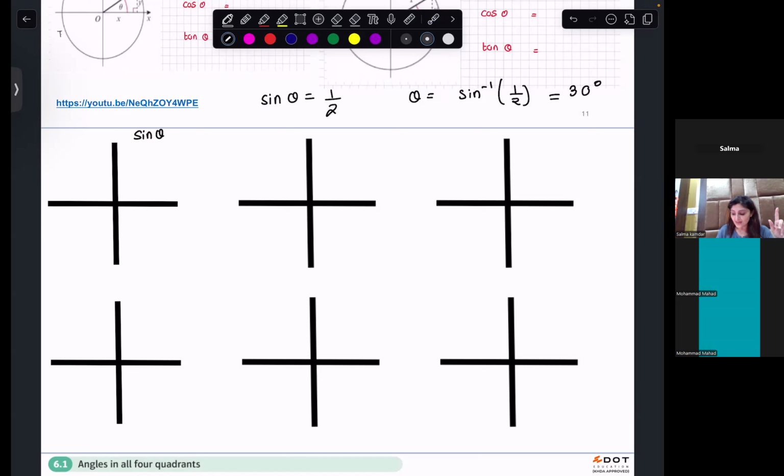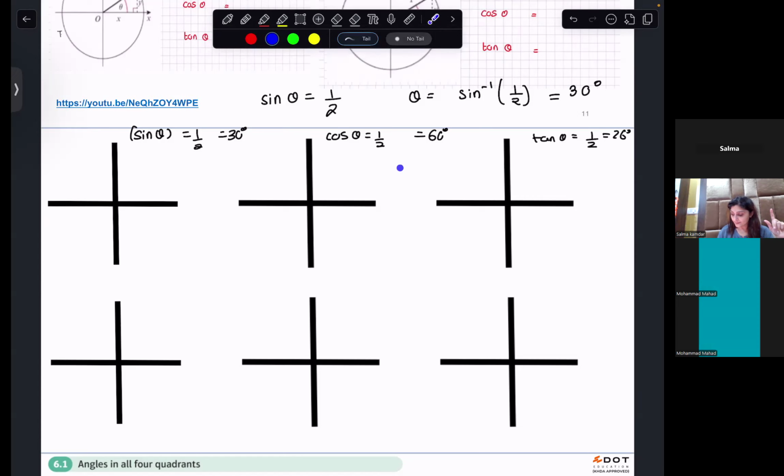So if sine theta is half, I would say my cos theta is half, or I would say my tan theta is half. That means this is going to be 30 degree. When I put cos theta half on the calculator, I get 60 degree, and tan theta is half at 26 degree.